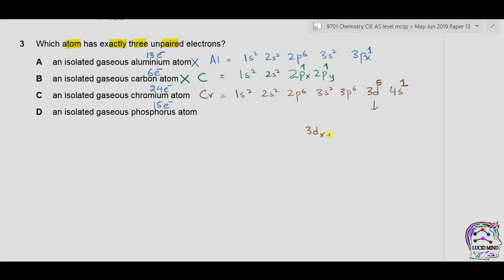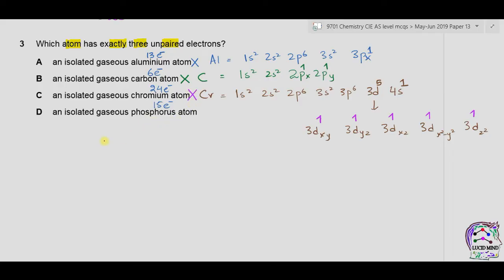First is 3dxy, then we have 3dyz, then xz, then x square y square, and then z square. This is the orientation of 3d orbitals on x and y axis. Now putting electrons in these orbitals, we have 5 electrons, so there must be 5 unpaired electrons present in d orbitals. And as we need 3 unpaired electrons, so therefore C is also incorrect.